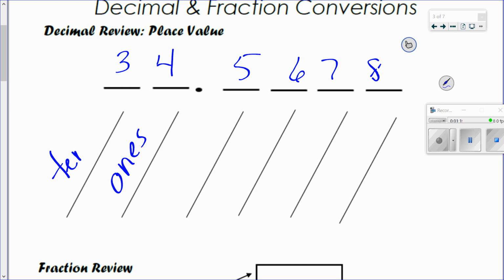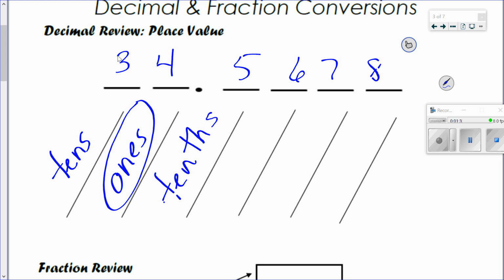So here's why it's so important, guys. Because my ones is where it flips. Now all I do is write that exact same word, except with a TH. So the next one past tens would be hundreds. So the other side is hundredths.